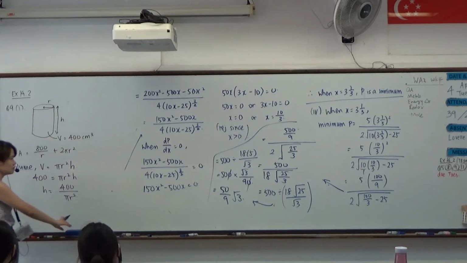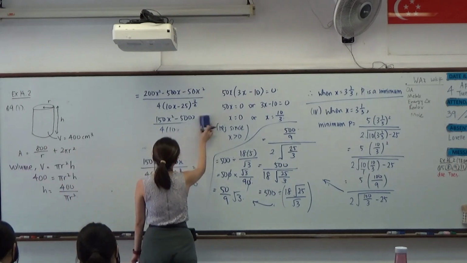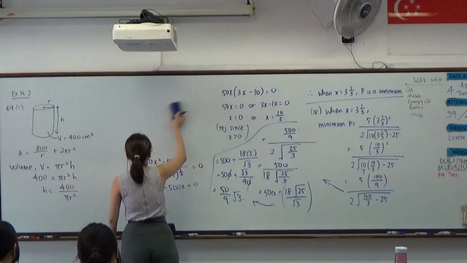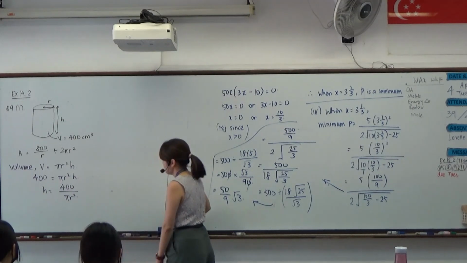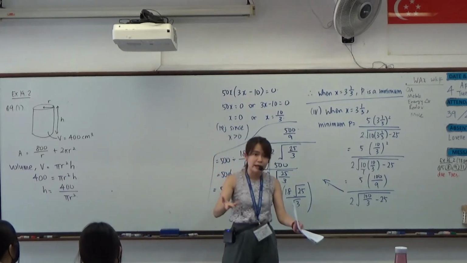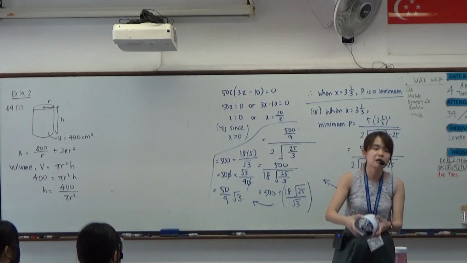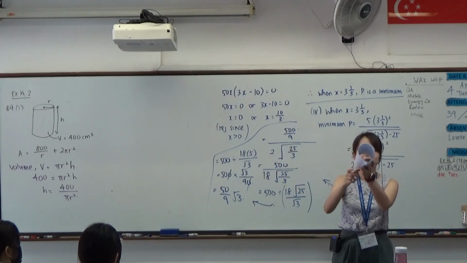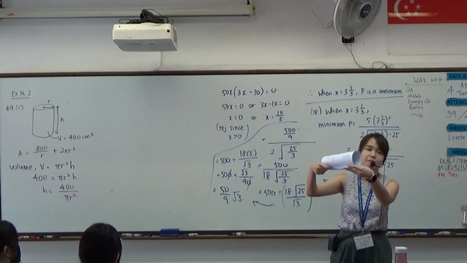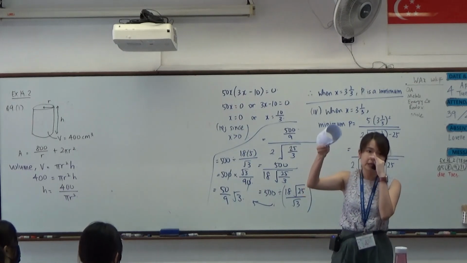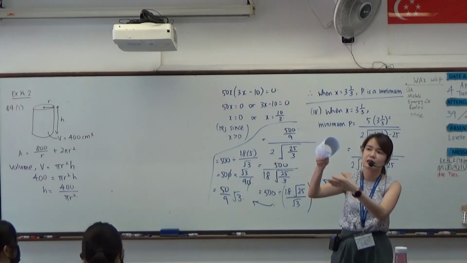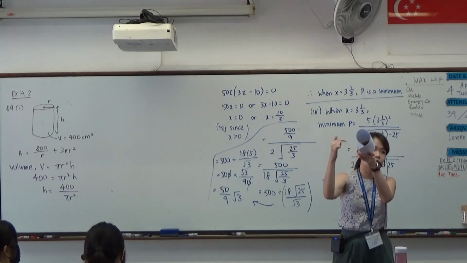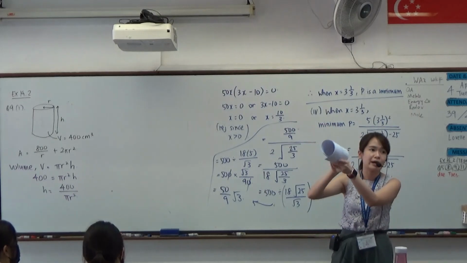Then the formula for the surface area of a cylinder. First of all, you must know what a cylinder is. A cylinder can be formed by using a paper, you roll it up. To help you remember the formula for the surface area of a cylinder, we must know that there are two circles, front and back, so pi r squared, pi r squared.